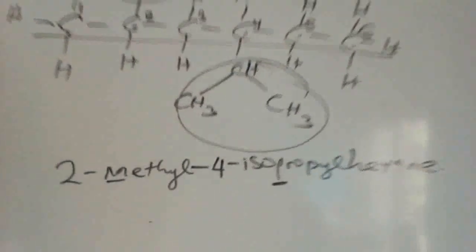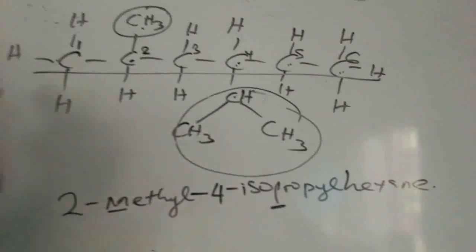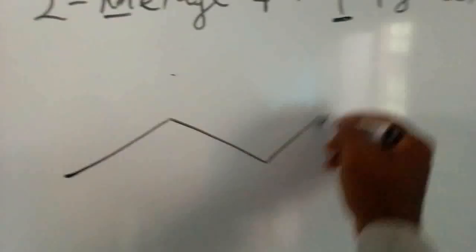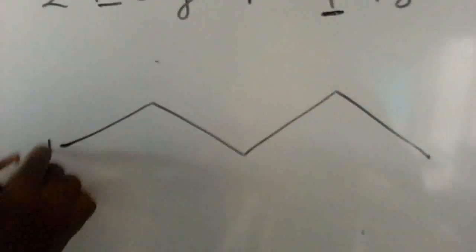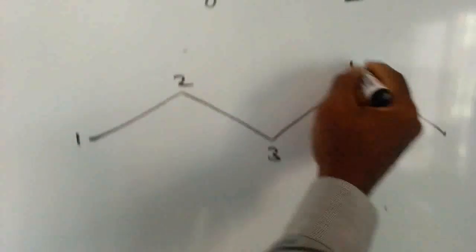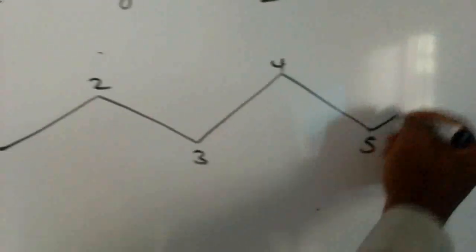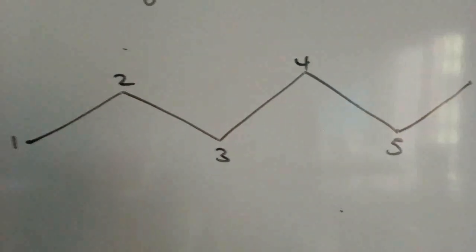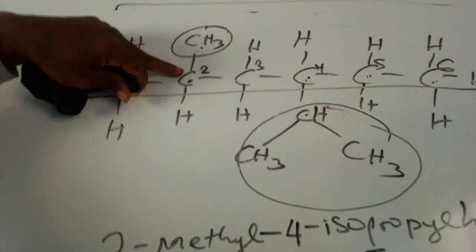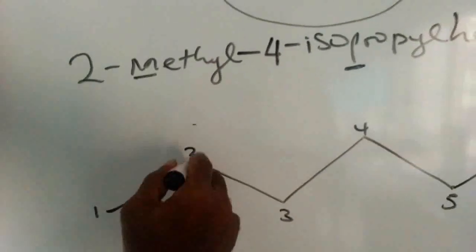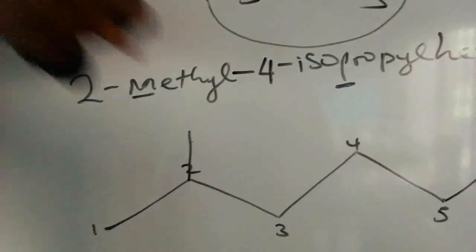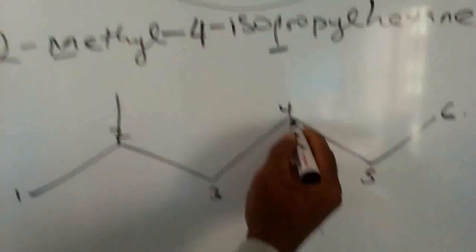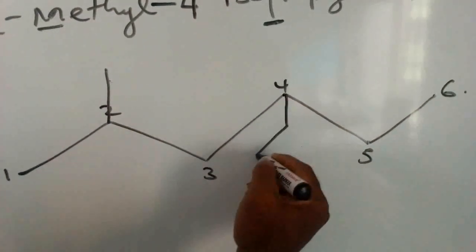So how do we draw the skeletal formula? There are 6 carbon atoms here. So I'm going to draw a line connecting 6 carbon atoms, 1, 2, 3, 4, 5, and put another one, 6. Then we'll put the substituents. The methyl group is on number 2, so we'll put this methyl on number 2. Isopropyl is on number 4, so we'll put this branch here on number 4.